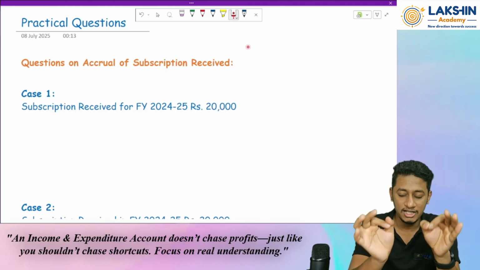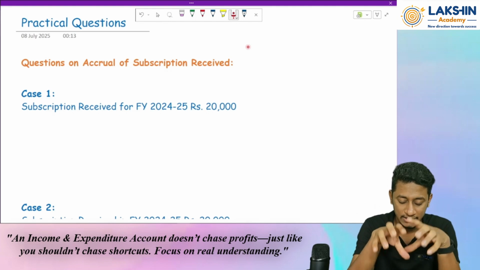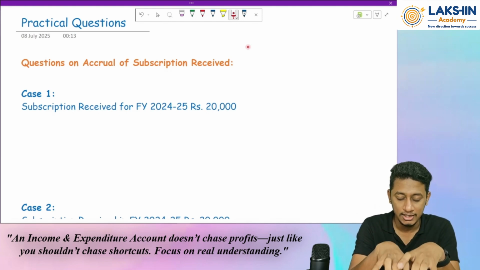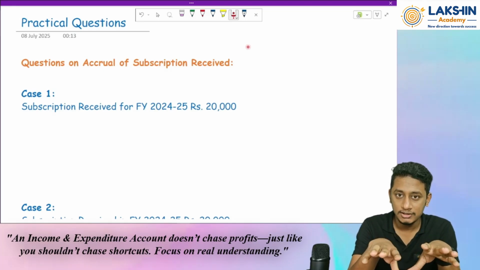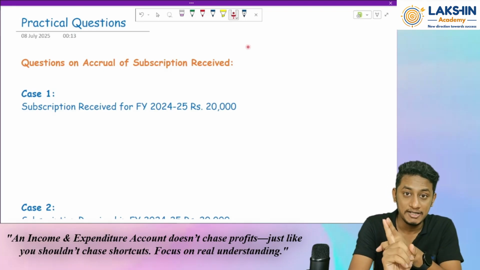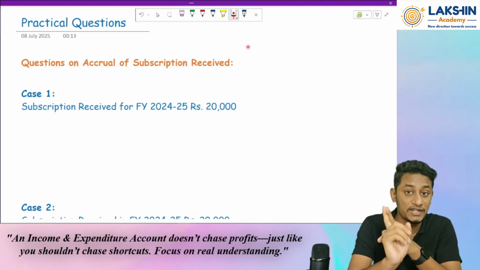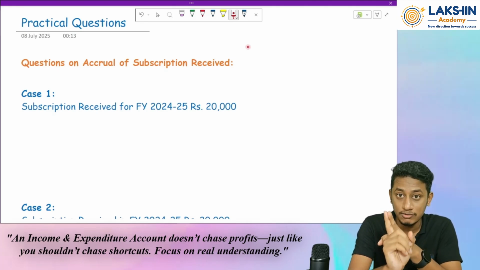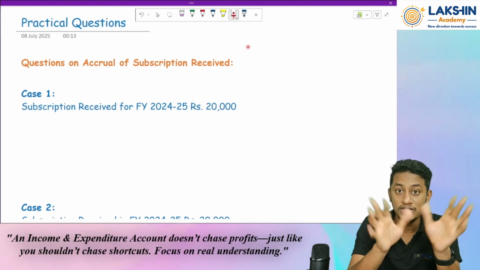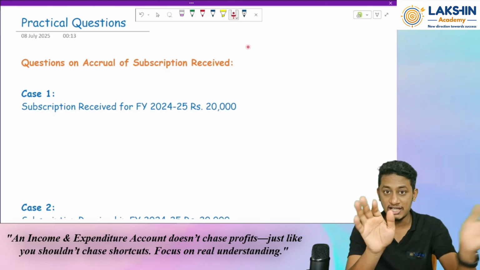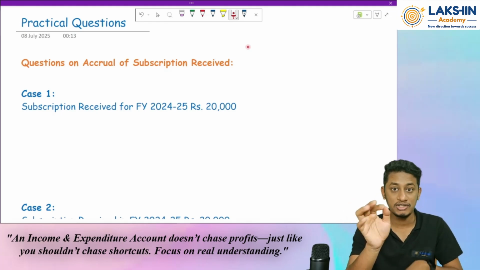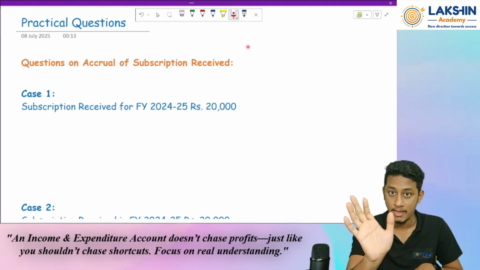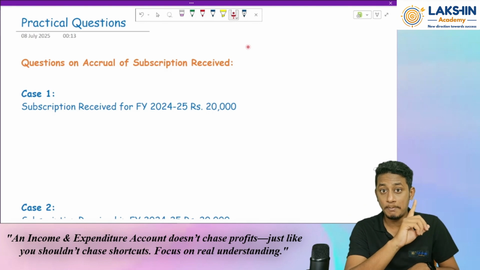This is what is called the accrual basis of accounting. If it is paid in the next financial year also, no problem, but it should belong to this financial year. Whatever salaries I pay should belong to this financial year, whether it is paid or not. Remember, we have studied this in the P&L accounts clearly.